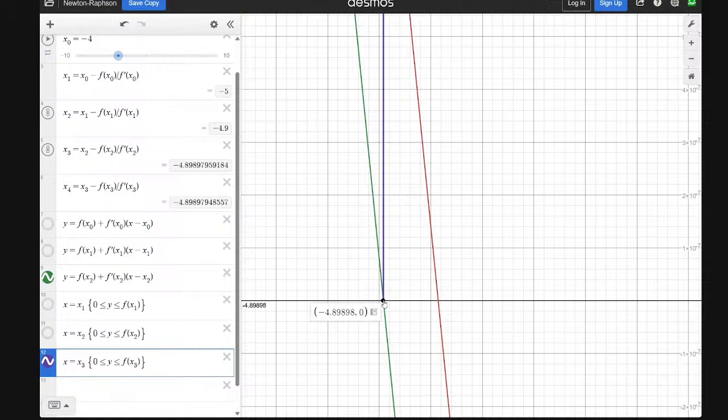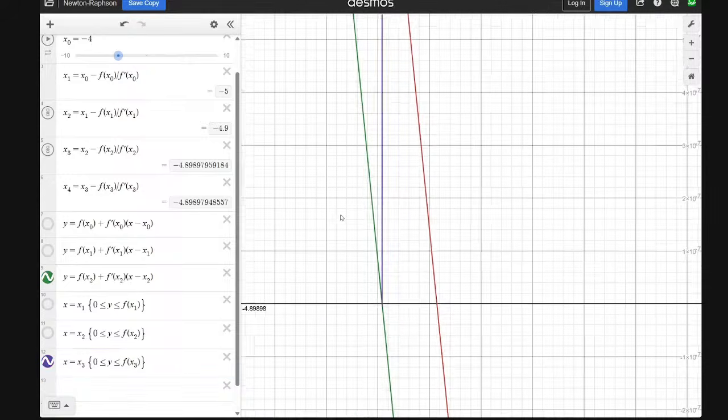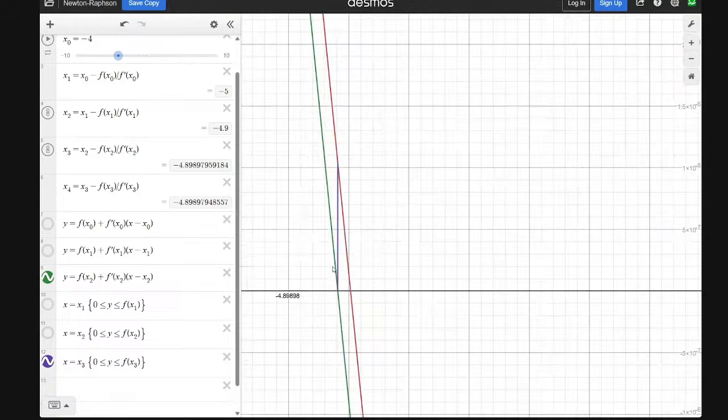Clearly, as you can see here, this tangent line represented by this green line meets the x-axis at minus 4.89898, which is roughly equal to our x3 value. If we expect more accuracy, we can again draw the tangent line at x equal to minus 4.898 to the curve and check where it meets the x-axis. But depending on our accuracy, we can stop at x3 as well.